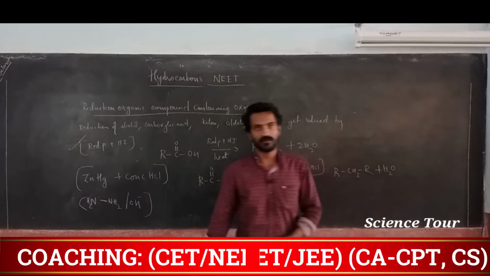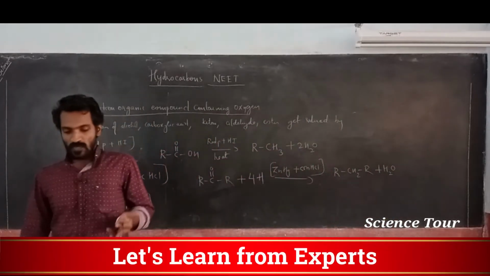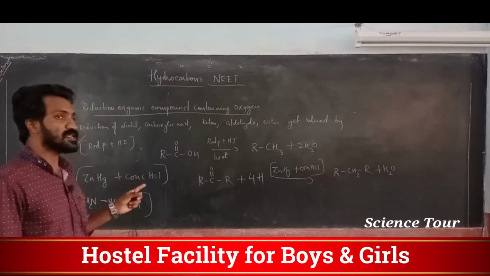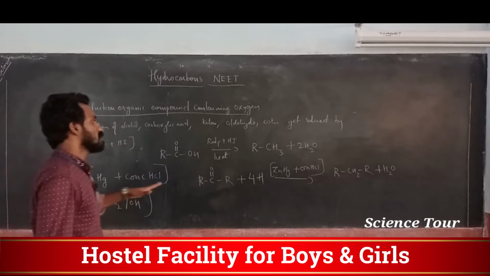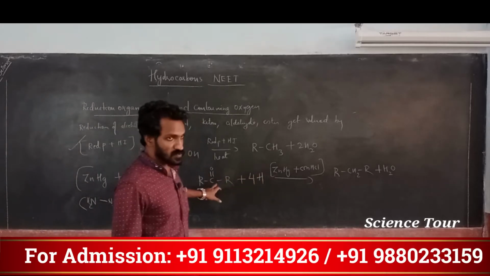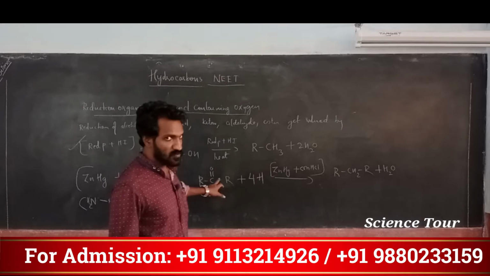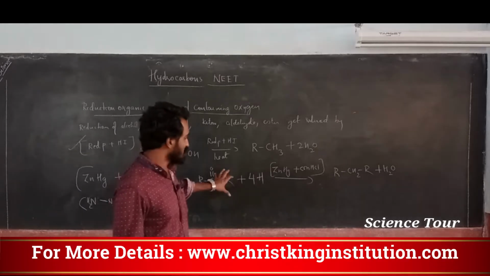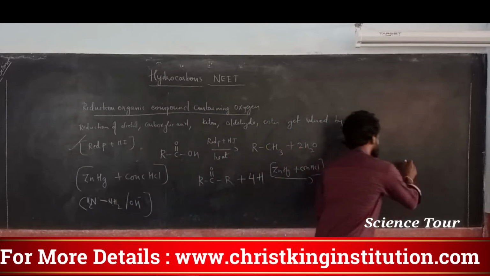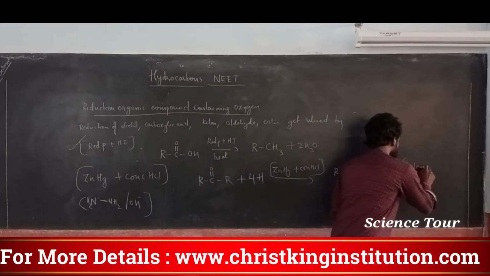So this reaction is called Clemmensen reduction. You are adding hydrogen to ketone. Ketone, RCOR means ketone. You are adding hydrogen to ketone and it will get reduced, and this reaction is called Clemmensen reduction.